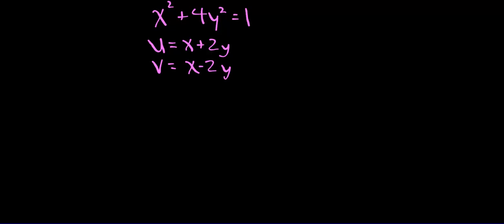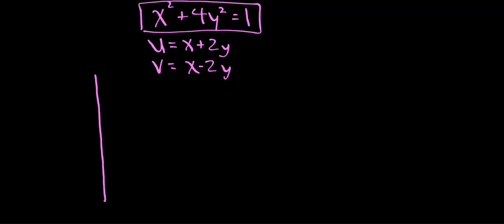And we want to make a transformation. In other words, think about how this looks. What is that? That's an ellipse, right? If we were to sketch that, we go from negative 1 to 1, and then up here, negative 1/2 to 1/2, so it would look like this. This is what that graph would look like.